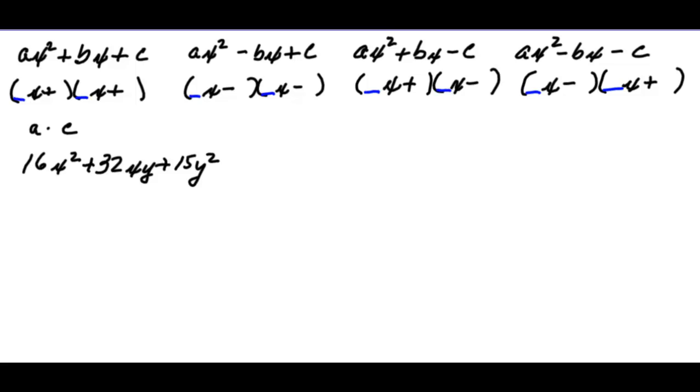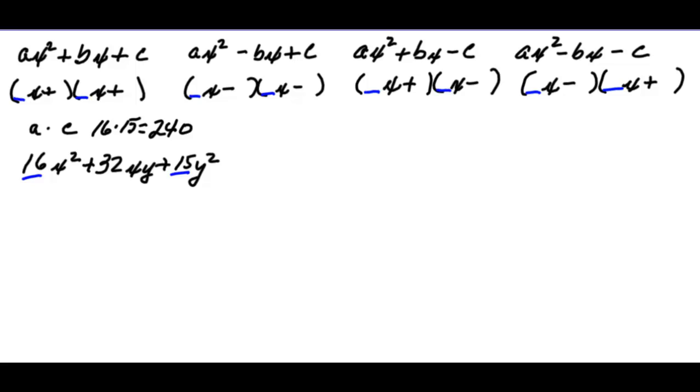Now everything's positive through there. When I say AC, what I'm talking about then is the 16 and the 15. All right? So if I multiply 16 times 15, what I come out with is 240.